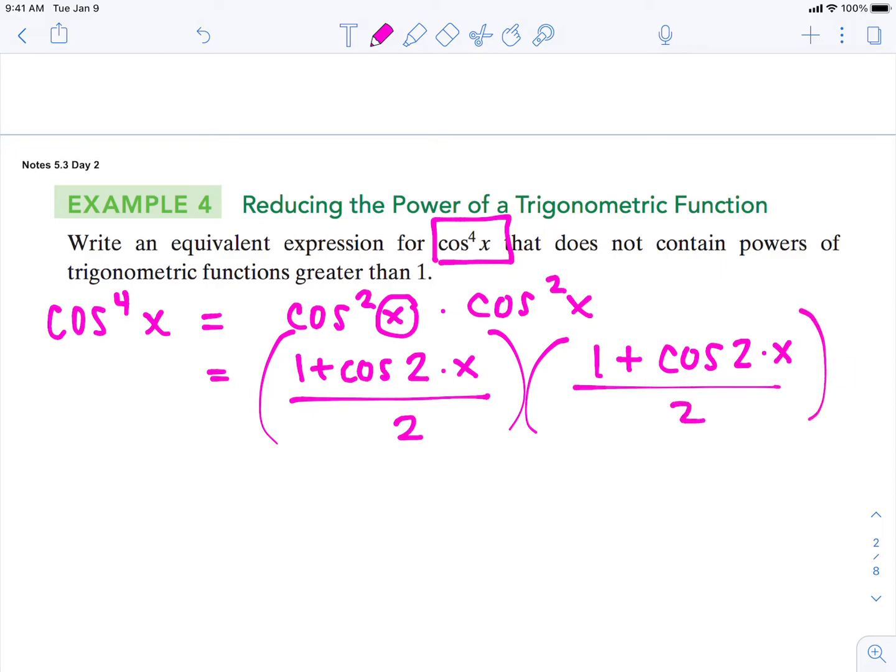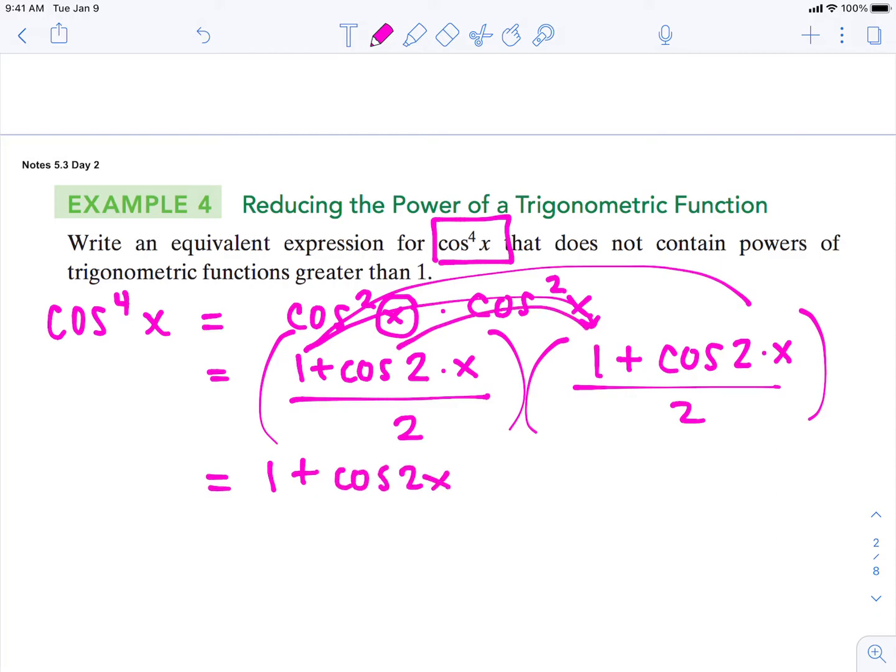We do need to simplify it, so we're going to multiply across. So we're going to FOIL. So we have first, 1 times 1 is 1, outside, plus cosine 2x, inside, cosine 2x. And now here's where you got to be really careful.